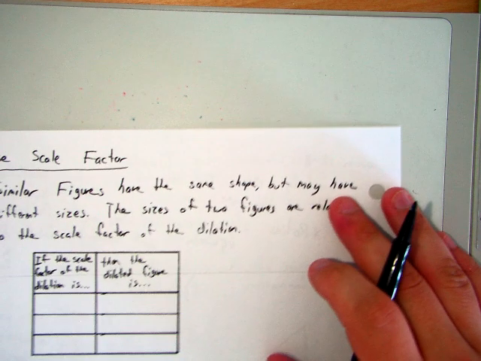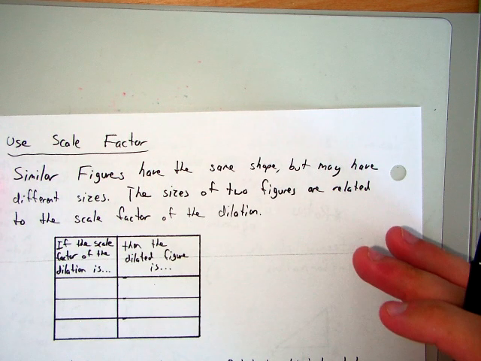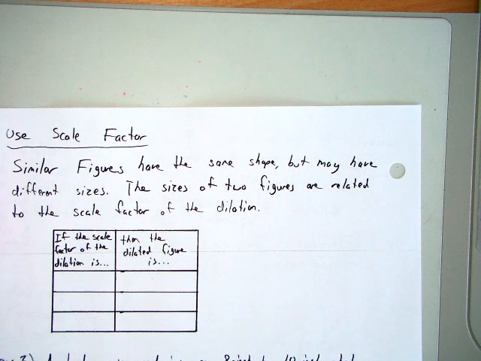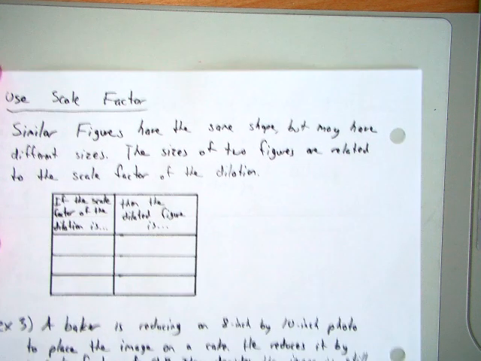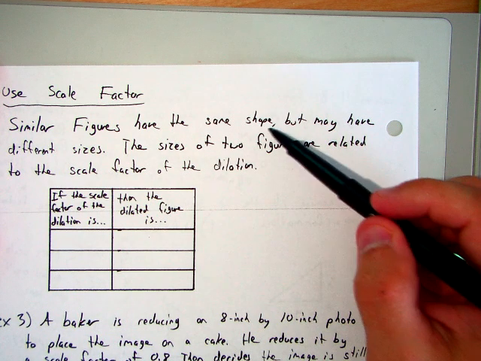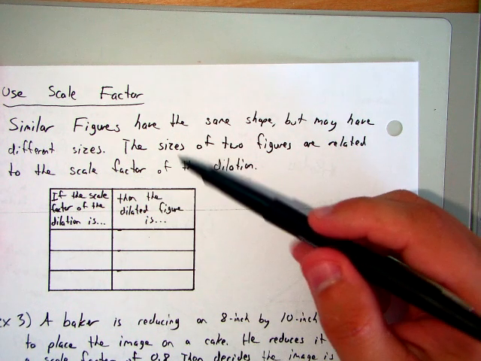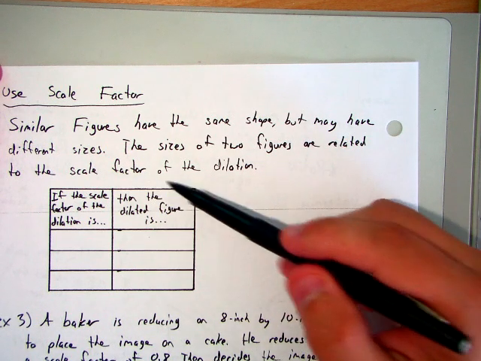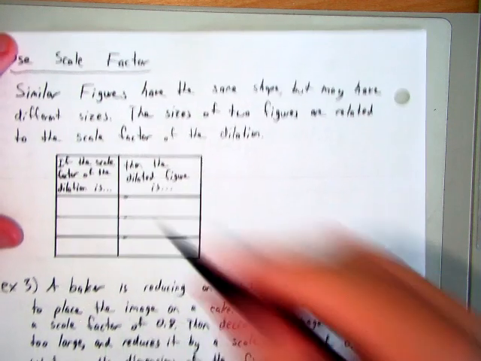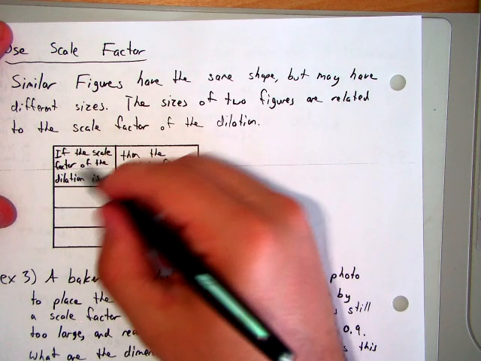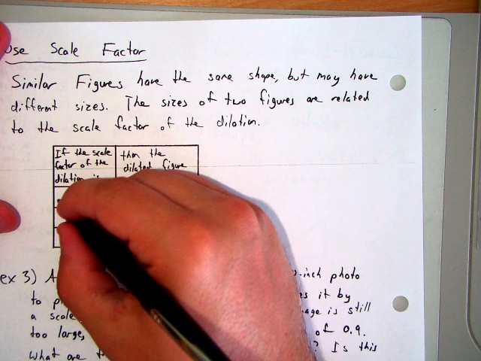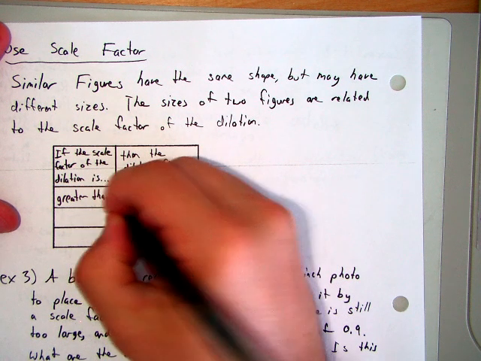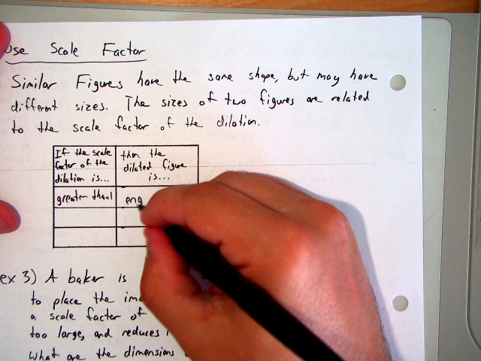All right, on the back side now, it says using scale factor. Sometimes we know what the scale factor is and we want to find out what the similar shapes are. So, they have the same shape, but may have different sizes. So the sizes of two figures are related to the scale factor of the dilation. Now, we covered this in the last lesson, but if the scale factor of the dilation is greater than 1, it is an enlargement.